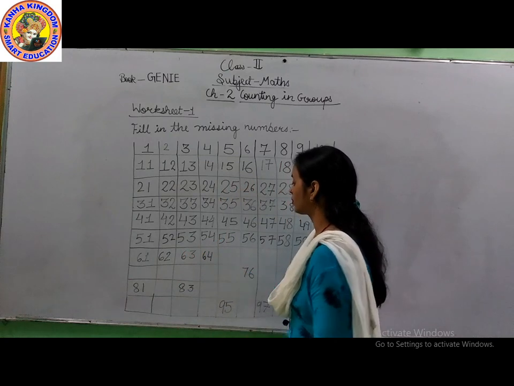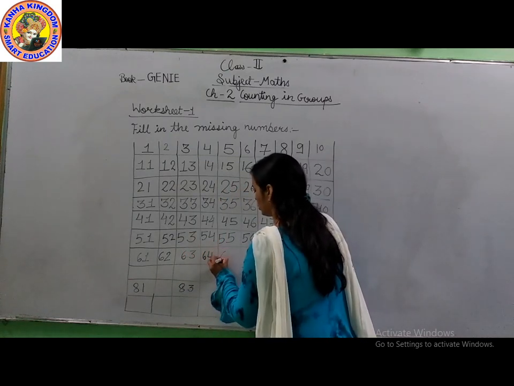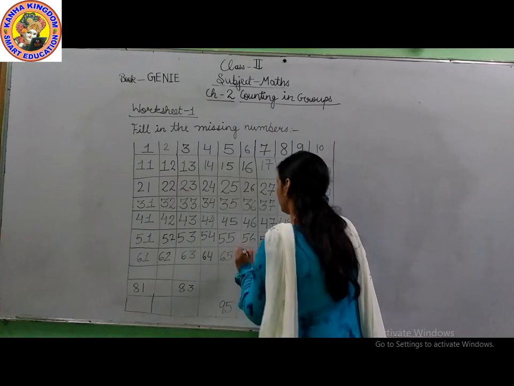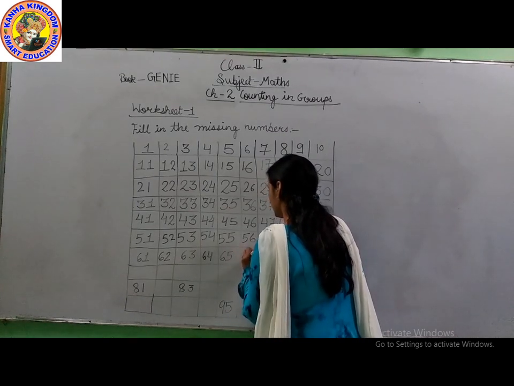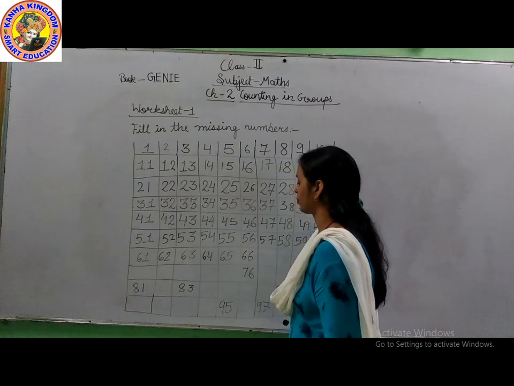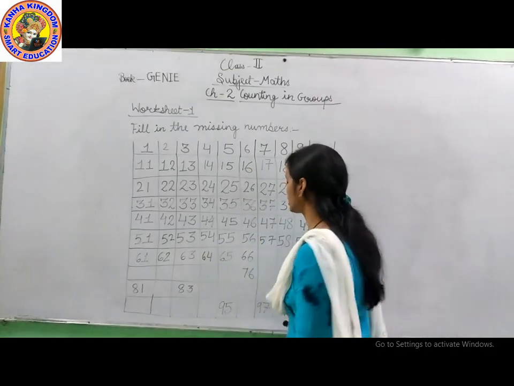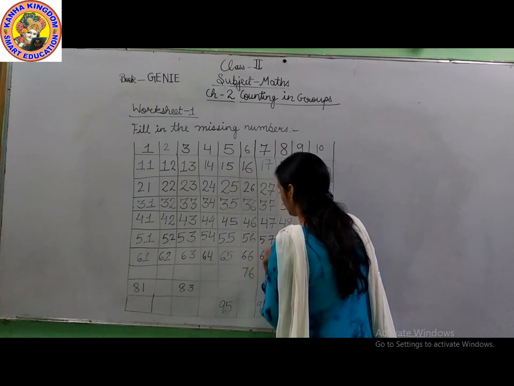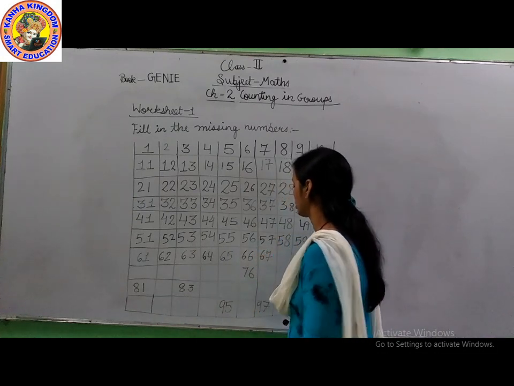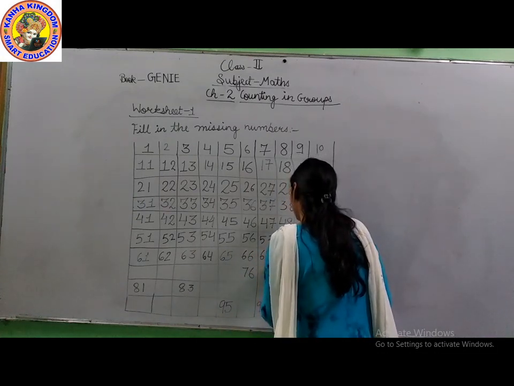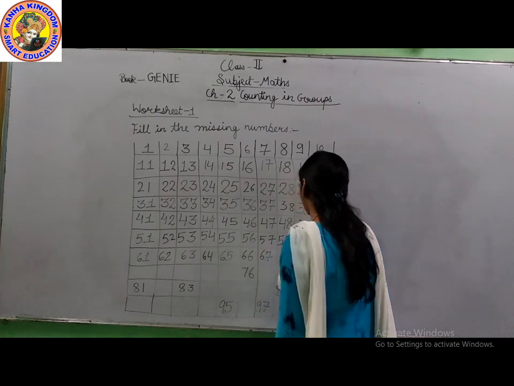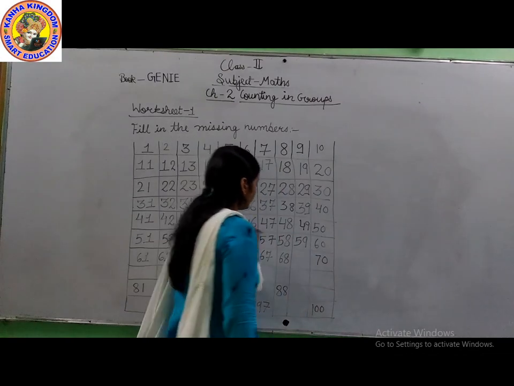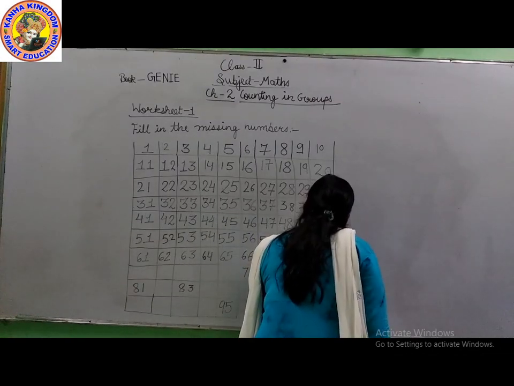Now, what comes after 64? 65. Then 66. Now, what comes after 66? 67. Then 68. Now, what comes between 68 and 70? 69.